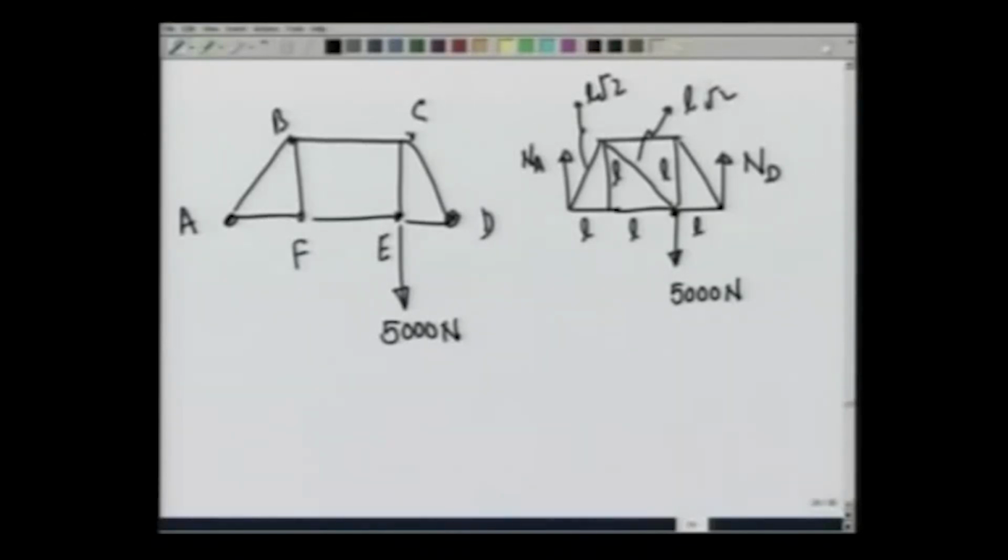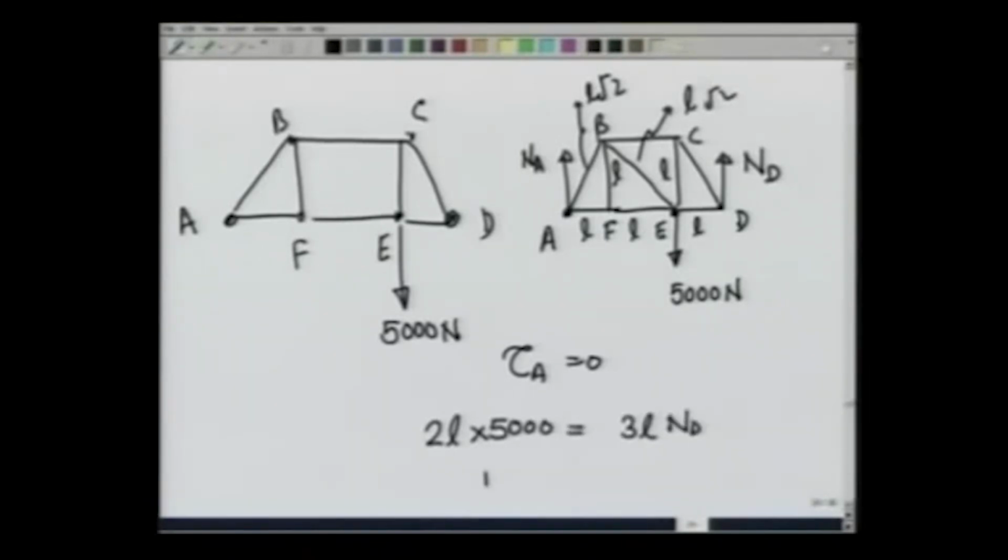The simplest thing to do in this case would be to apply the torque equation about this point A. When I apply the torque equation about A and make it 0, I get 2L times 5000 is equal to 3L times ND, and therefore, ND comes out to be 10,000 over 3 newtons.